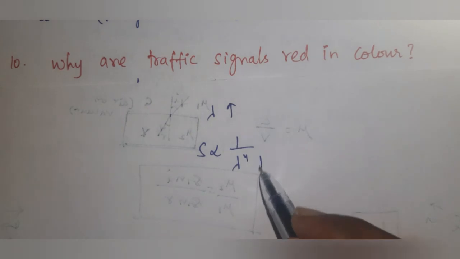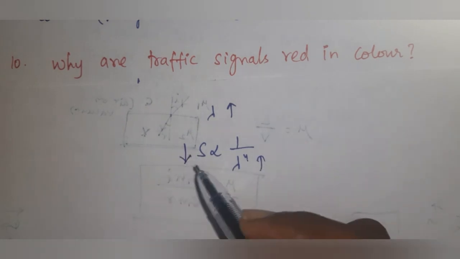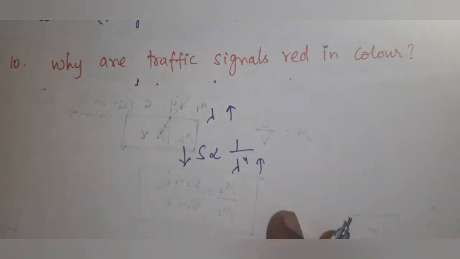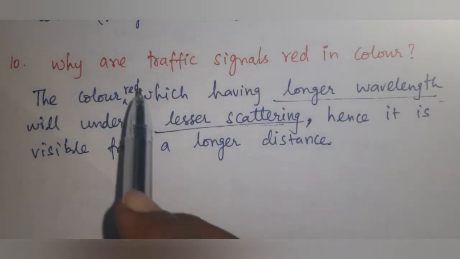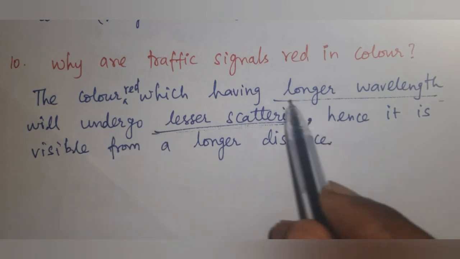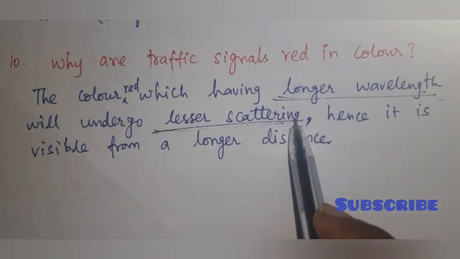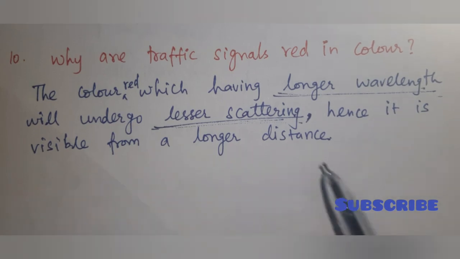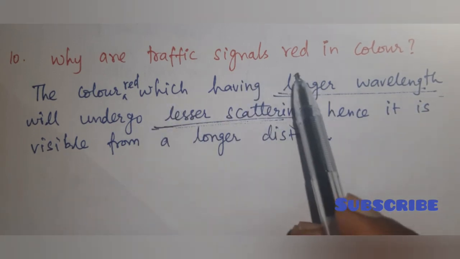So it is the least scattered and can travel a long distance. The red color, having a longer wavelength, will undergo lesser scattering, hence it is visible from a longer distance. So the traffic signals are red in color.